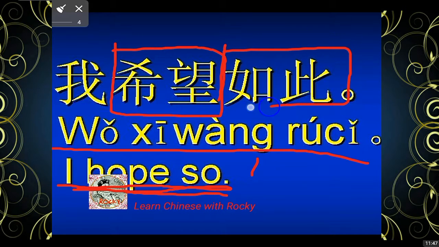So, 希望, xi is a first tone character, constant level tone. Wang is a fourth tone character or falling tone. But ru is a second tone character, that's a rising tone, and then shi is a third tone character, that is to say a falling tone and rising tone.